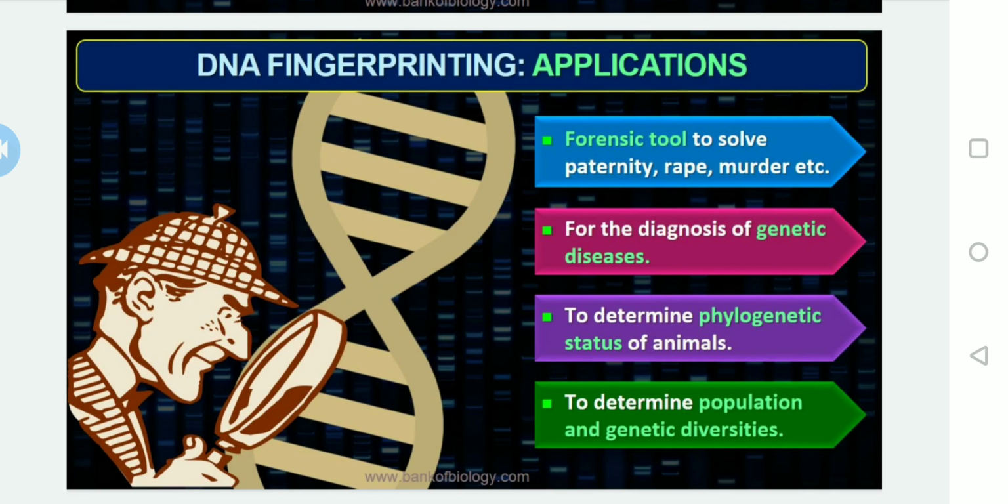The DNA fingerprinting technique is used in the identification of criminals like murderers, robbers, rapists, etc. In general, it is used as a forensic tool to solve paternity, and even rape and murder cases.